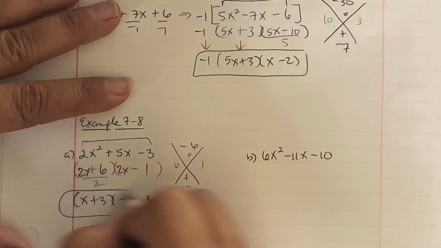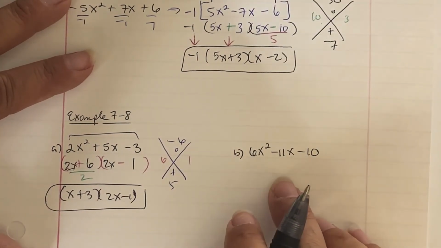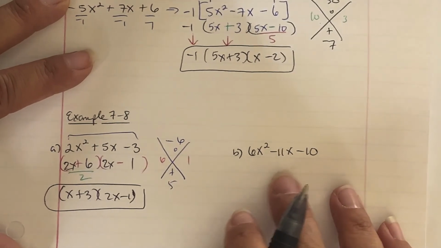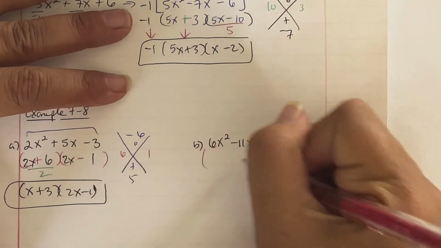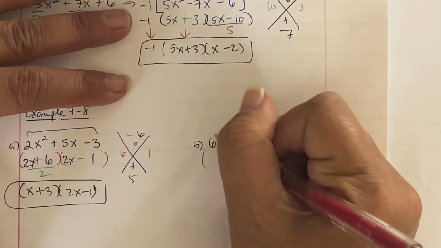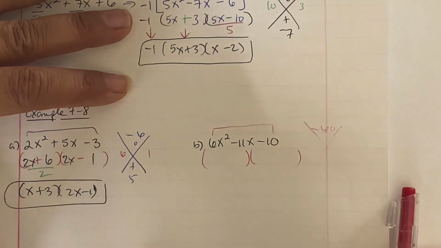On the last one it says 6x squared minus 11x minus 10, 3 terms. They do not have anything in common, so you can go straight Colombian. So we are 6 times the 10, that is negative 60, and has to add to negative 11.